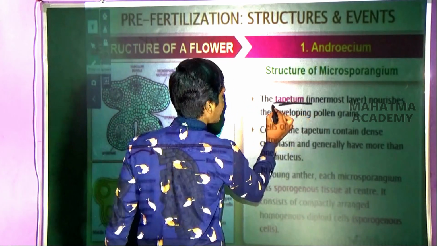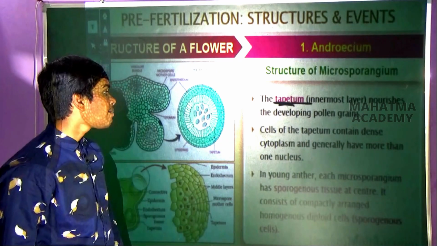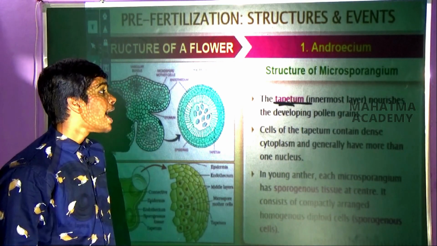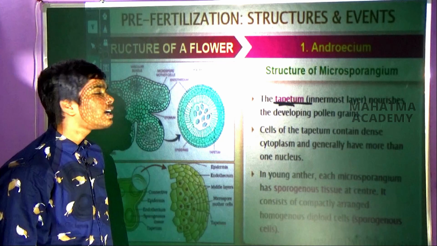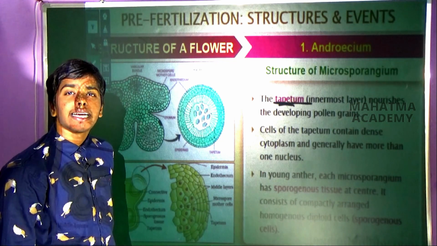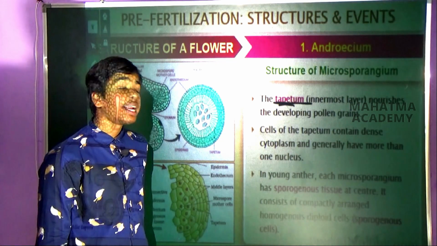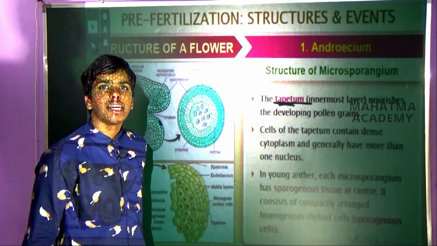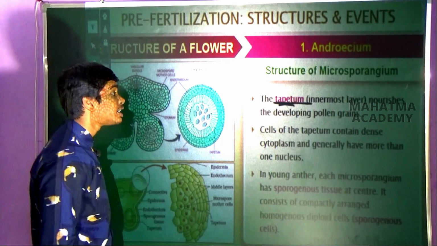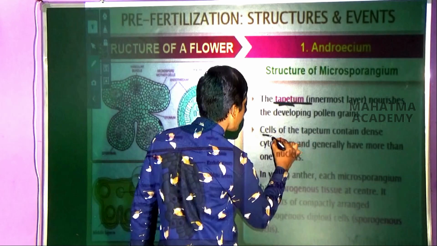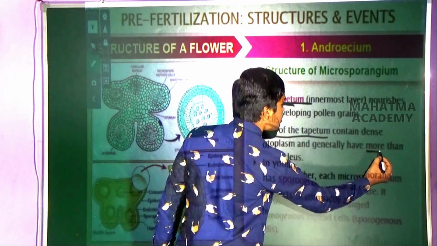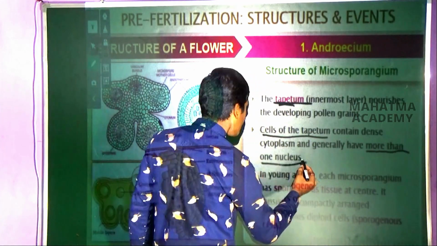Cells of the tapetum contain dense cytoplasm and have more than one nucleus, so they are known as multinucleated cells. Cells of tapetum have more than one nucleus.